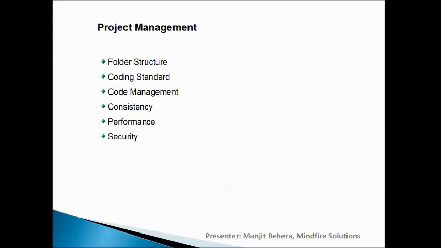Then performance. Again, performance is everything, because unless your application gives better functionality, the project is not good. So hence it's not a good management of your project. So performance must be there.